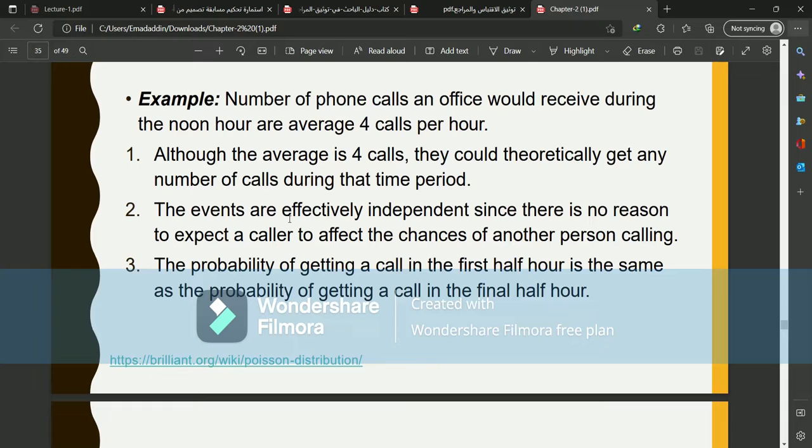The events are effectively independent since there is no reason to expect a caller to affect the chance of another person calling. The probability of getting a call in the first half hour is the same as the probability of getting a call in the final half hour.